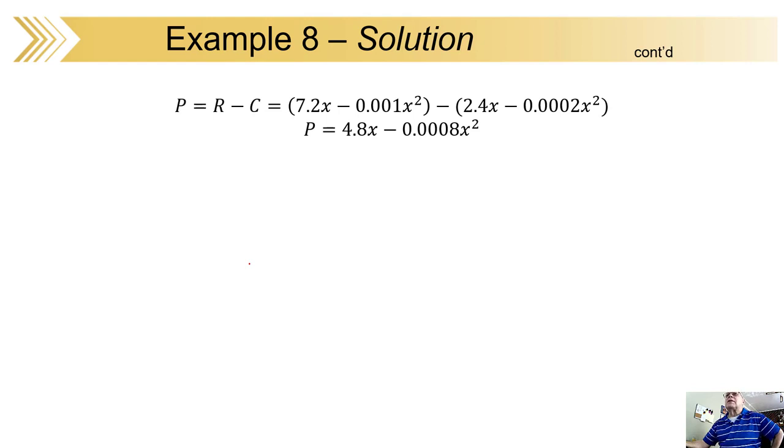The top one is how we get it, and the second line is after some simplification. You could write this as P of x, because your profit is going to be dependent on how many items you sell, and that's the x, the demand.